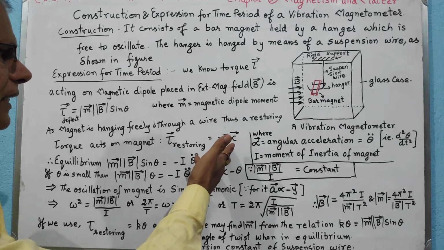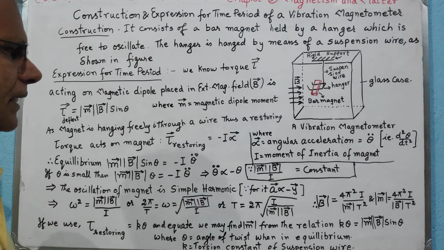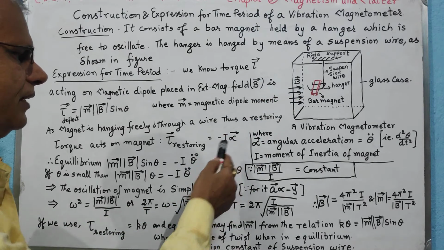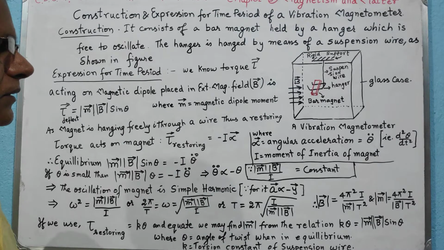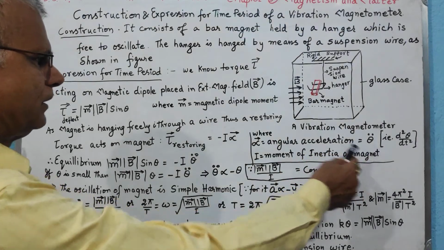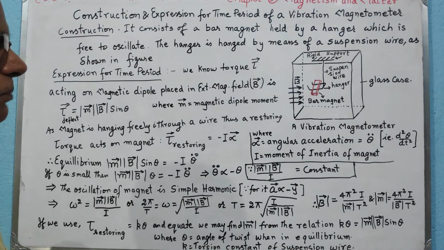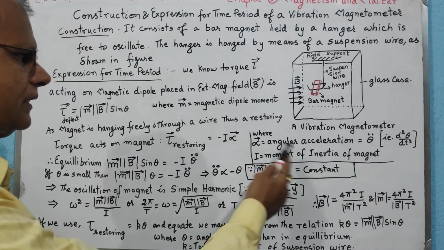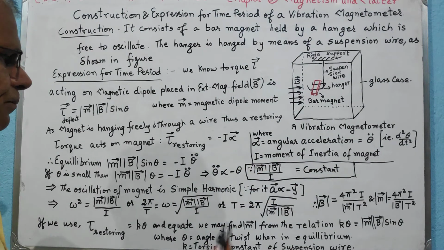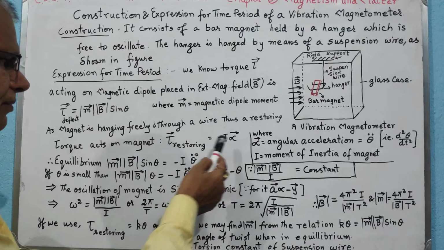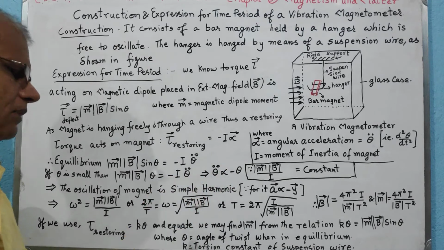Here I is the moment of inertia of the bar magnet, and alpha is the angular acceleration of the angular motion of the bar magnet. Theta double dot means nothing but angular acceleration. Double differentiation of angular displacement is angular acceleration, and therefore instead of alpha we may write theta double dot.